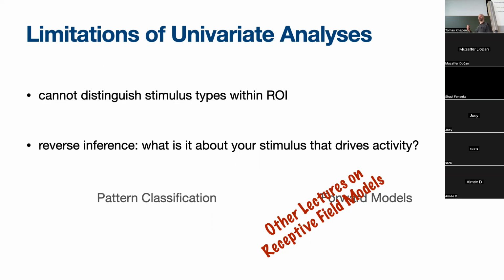Then we have a handle on what happens in terms of cognition. We'll talk about that a lot more in further lectures, so if that was a bit vague, don't worry about it. In this lecture, I'm going to talk about pattern classification. That is, instead of taking the mean response from a region of interest, we'll take the pattern of responses and see how far we get if we just use that as the input to an analysis problem.